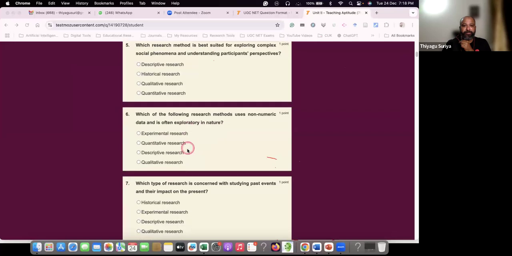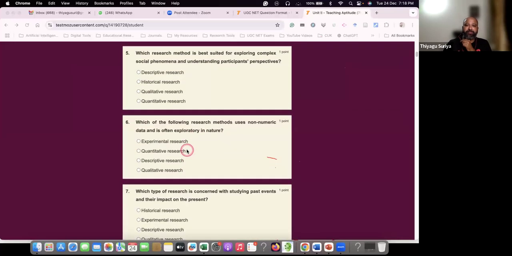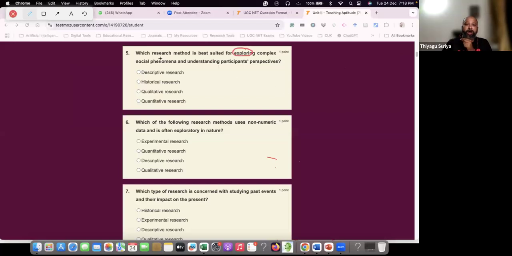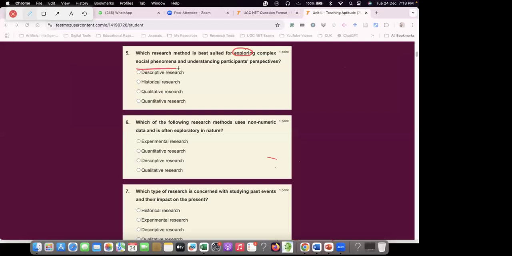Now, the fifth question. Which research method is best suited for exploring complex social phenomena and understanding participant perspectives? Give the answer for this. Qualitative research. Exploring, automatically exploratory research, complex social phenomena, and understanding the participant perspectives.